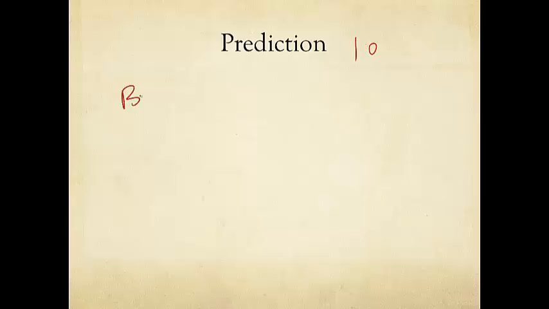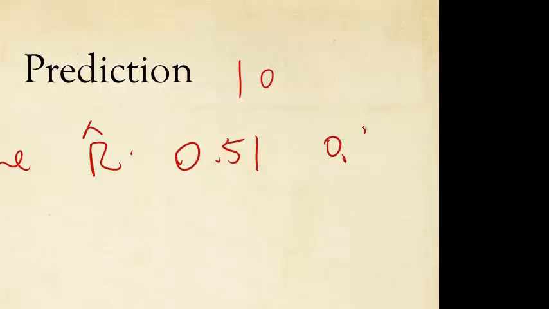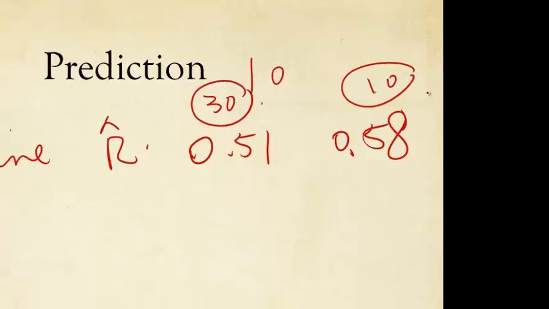In the baseline predictor R hat, we get the error of 0.51 and 0.58 respectively for the 30 known training data and the 10 test data.